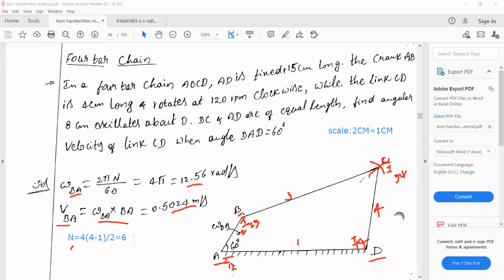So how many instantaneous centers are identified now? 4.